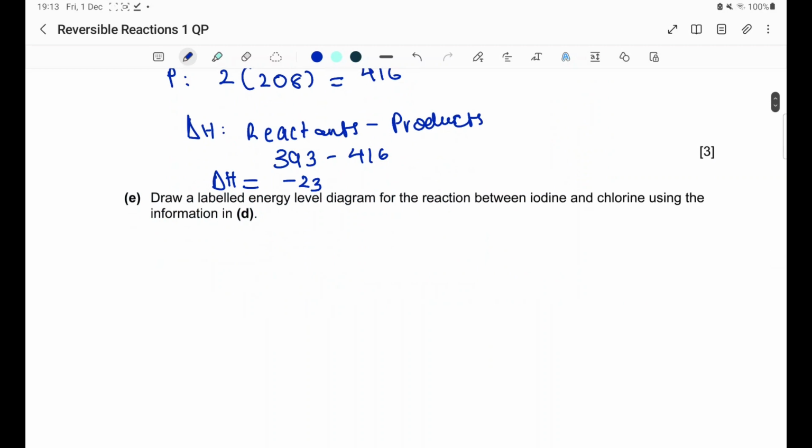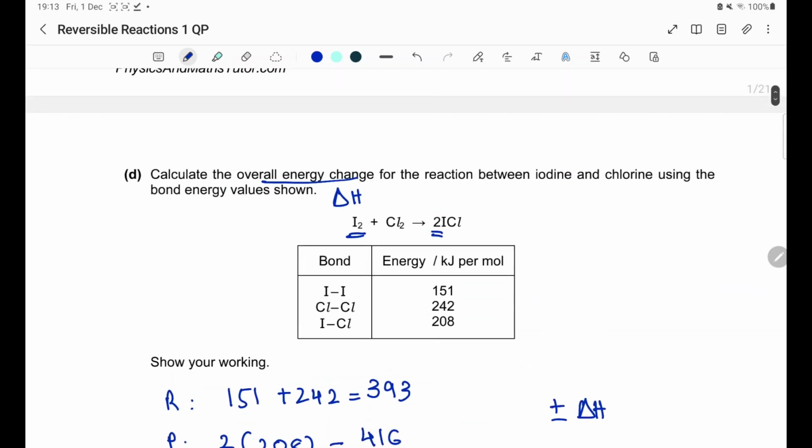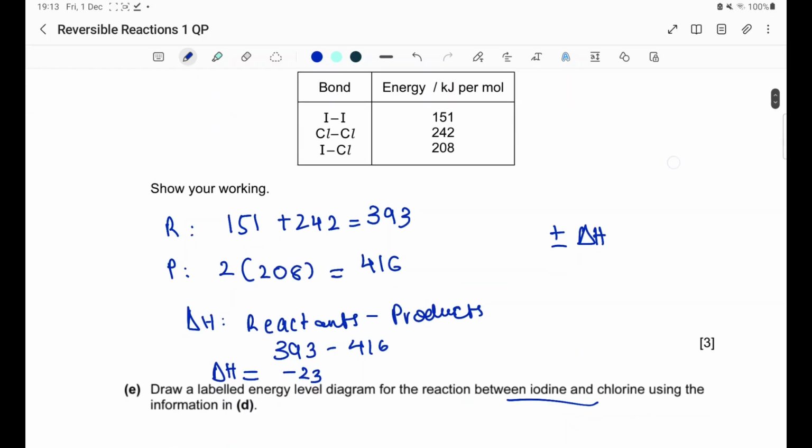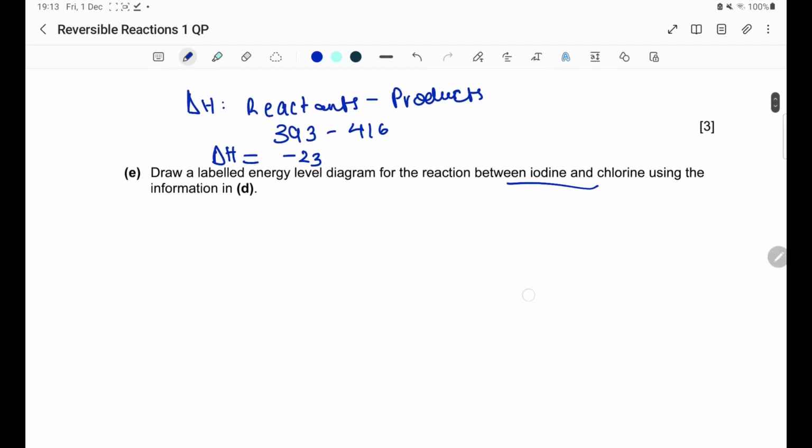Draw a labeled energy level diagram for the reaction between iodine and chlorine using the information in D. The information in D tells us that it is an exothermic reaction because it's a negative delta H. And we have covered the energy profile diagrams for exothermic and endothermic reactions. So your energy profile diagram would look something like this.